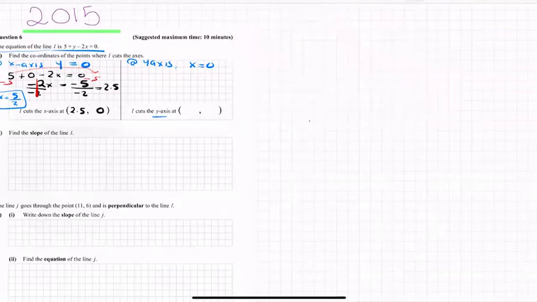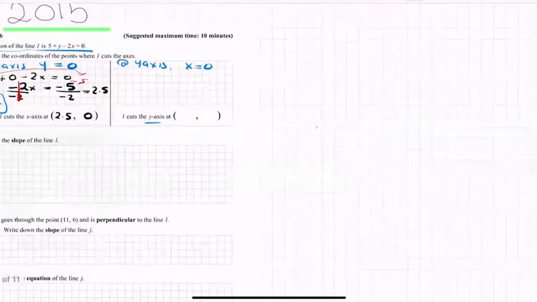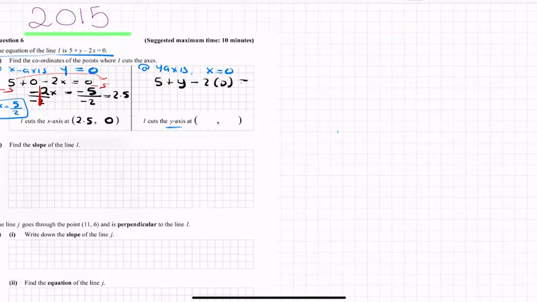So again, I would solve. In other words, into the equation of the line that you're trying to figure out where it crosses the axis, you sub in x is equal to 0. So that I get 5 plus y minus 2 times 0 being equal to 0. So that's 5 plus y is equal to 0 because 2 times 0 is 0.